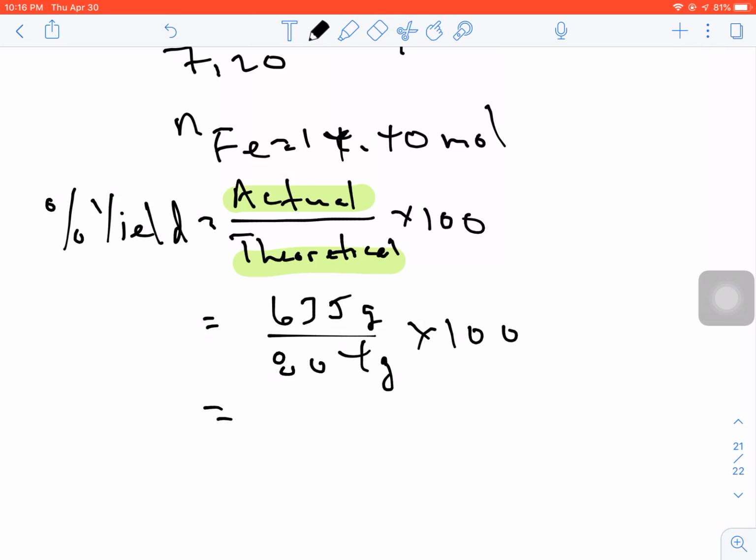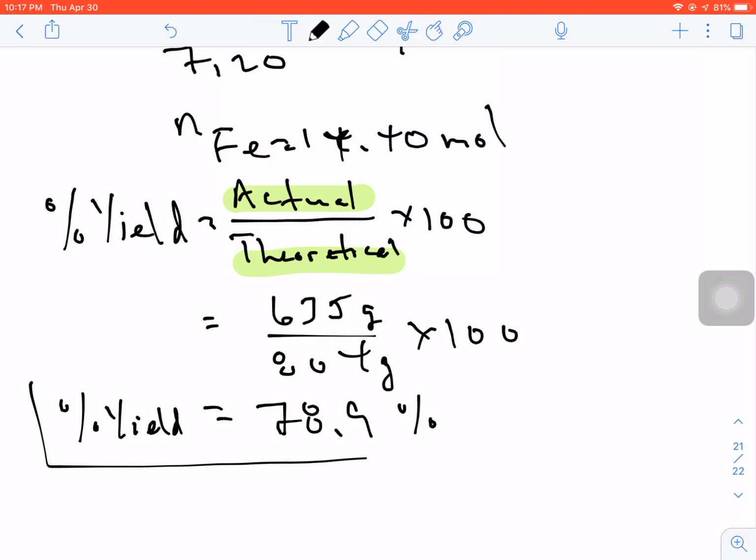and I'm going to get 78.9%. So that means when I actually go into the working lab and get my lab coat on and my safety goggles and I do the lab, I recovered about 78.9% of what I thought I was going to get.